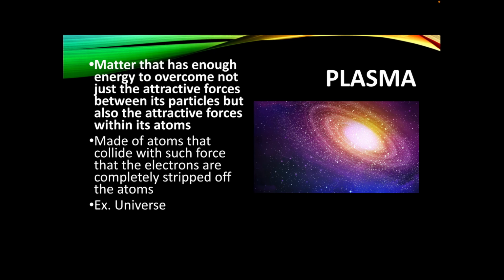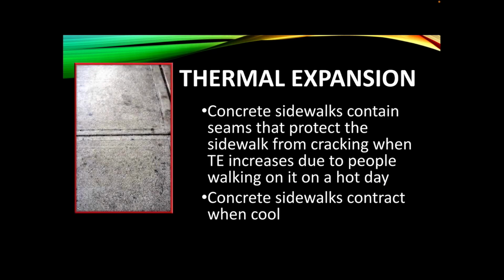And so if you have a substance that's made out of atoms, those atoms are going to collide with such a force that the electrons are actually going to be stripped off those atoms. Most of the matter in the universe is in a plasma state. Example, the sun, the stars, the universe. And so a lot of people don't talk about this, but this is something that we actually have occurring even as we speak.